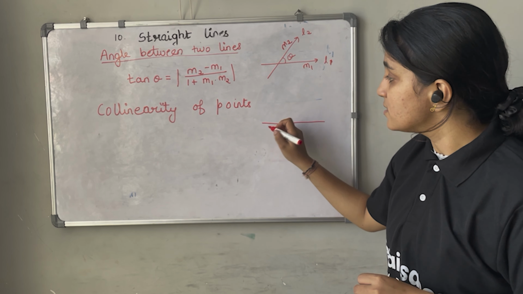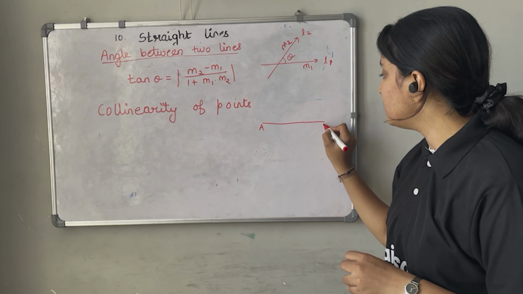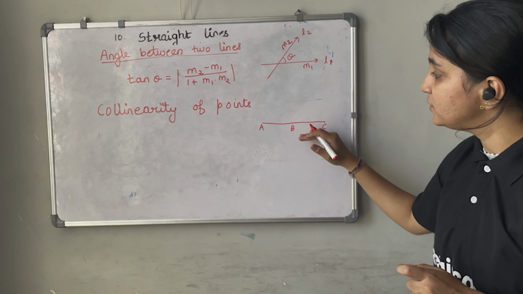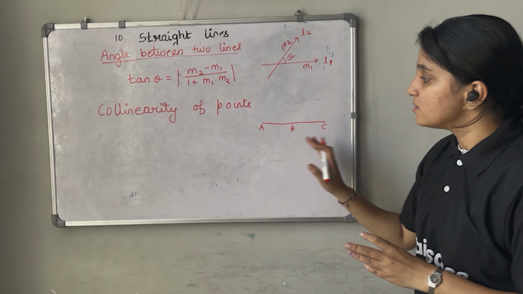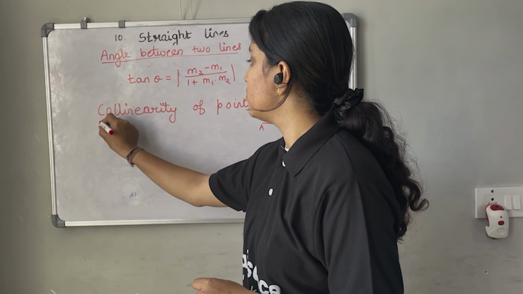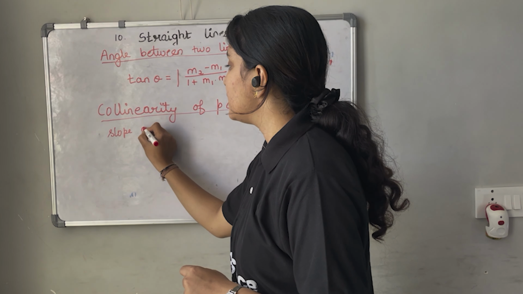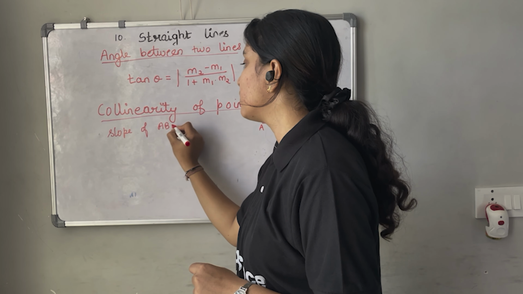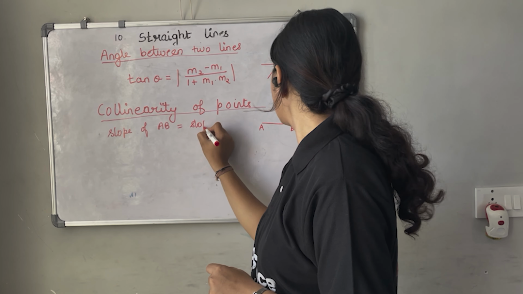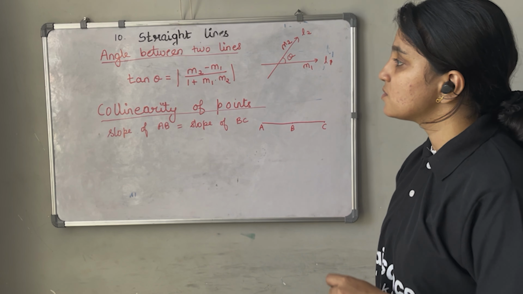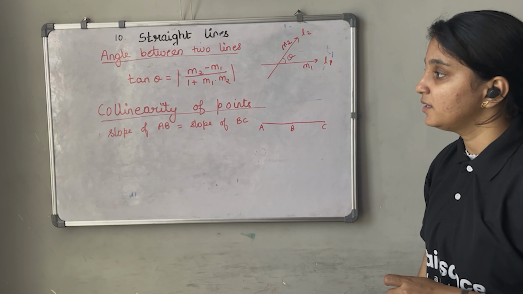Collinear points are points which are on the same line. Suppose these are A, B and C, three points on the same line. Now the slope of AB will always be equal to the slope of BC. So these are the concepts we have to study in this.